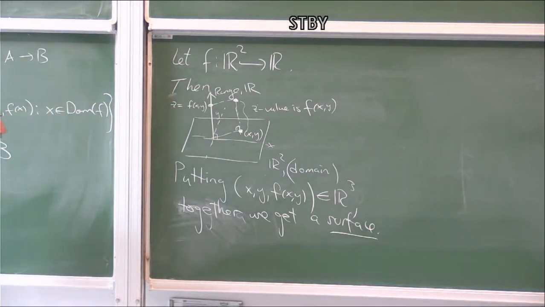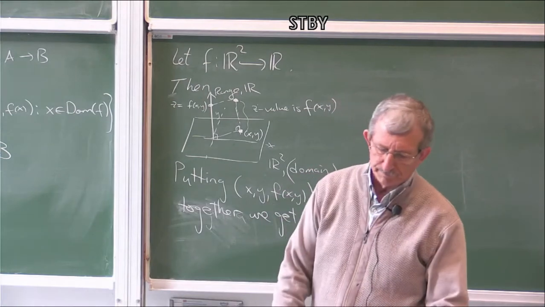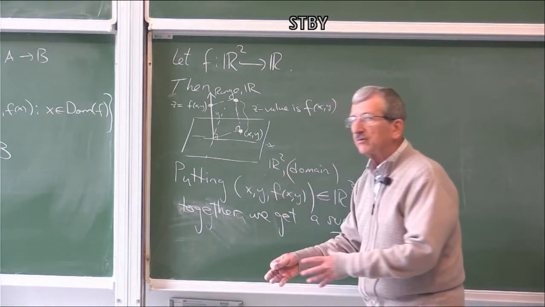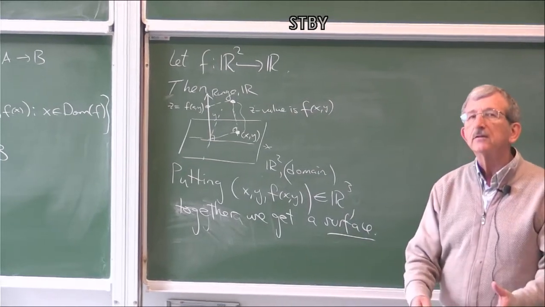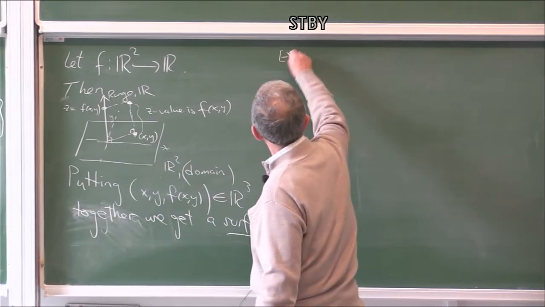So the graph of such a function is a surface. Well, we already considered, when we considered quadrics, such examples, but I will just go on with two more.